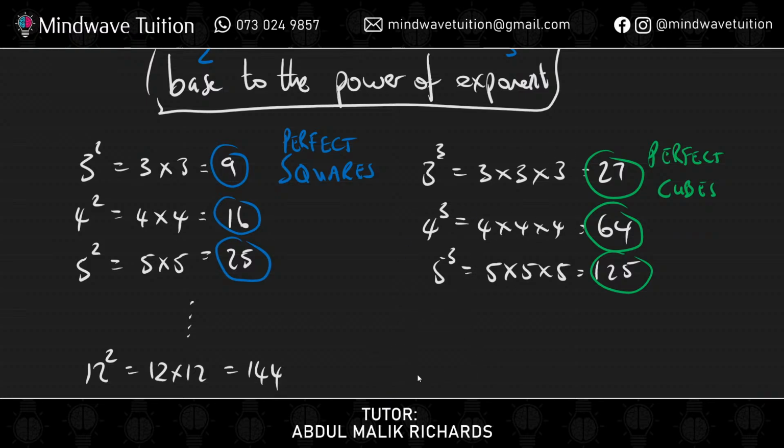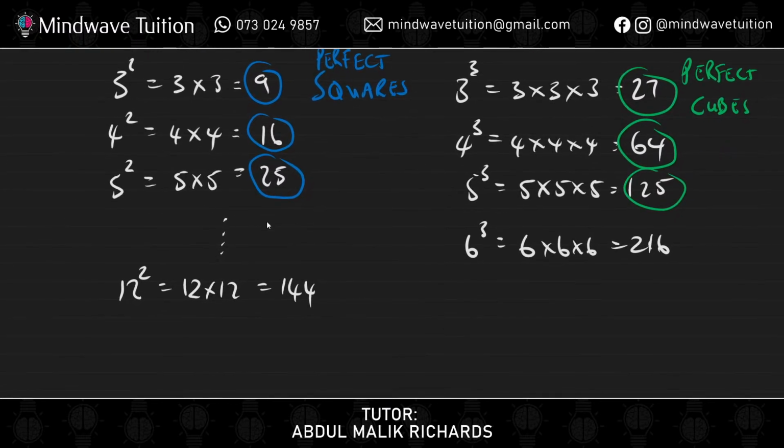With the cubes, 5 cubed is fine, so you can go to 6 cubed as well. 6 times 6 times 6, and that's going to be, I blanked out, 216. So just remembering your perfect squares and your perfect cubes will help you quite a lot in your exams.